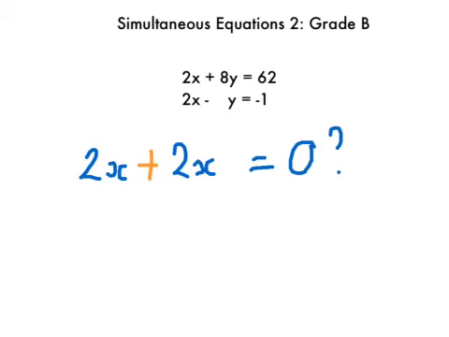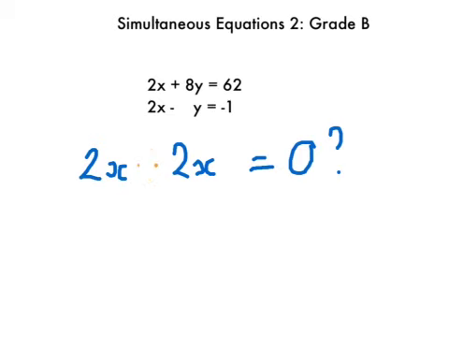No, that would come to 4x. If we take the terms away from each other, that does come to 0. So that tells us we need to take those terms away from one another, and therefore we have to do the same to all the other terms as well. And let me show you how.